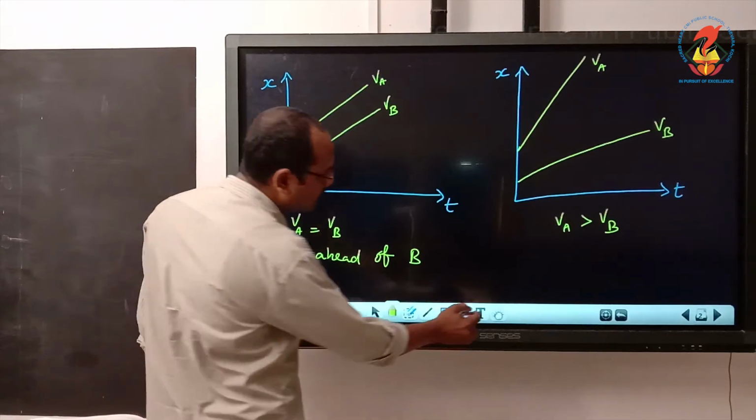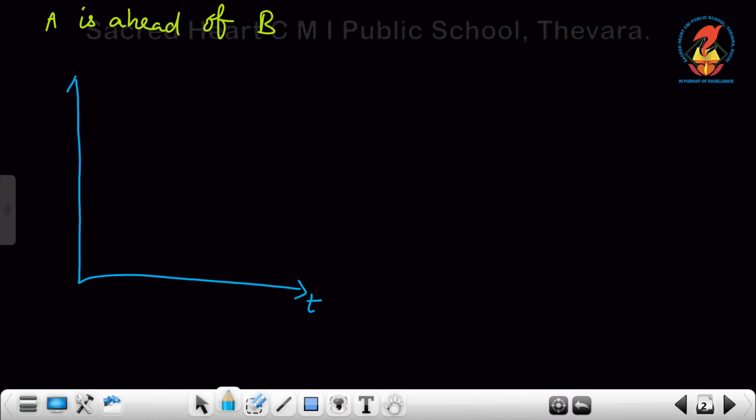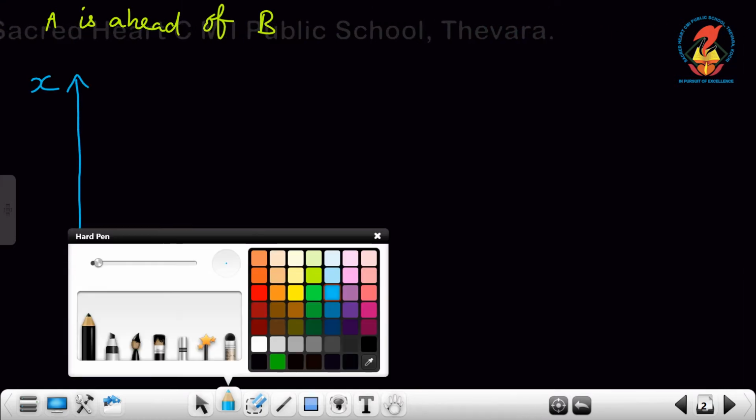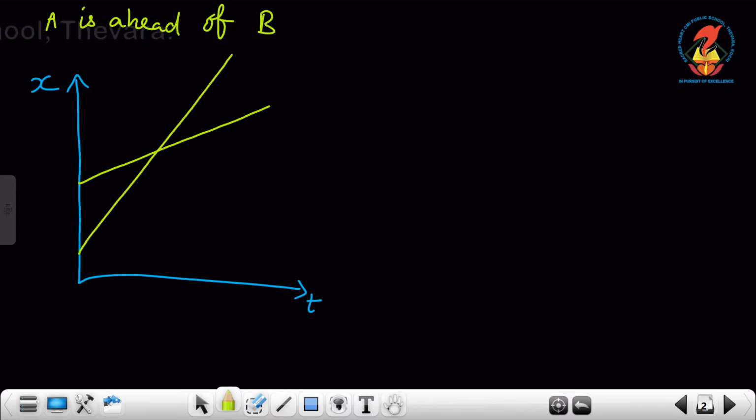Now I will tell you the third case. A is moving slowly and B is moving faster than A. So this is velocity of A and this is the velocity of B. Then what happens? You just see, I just marked that time T1.